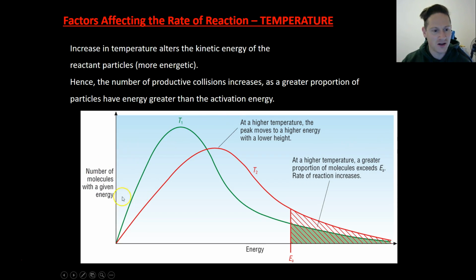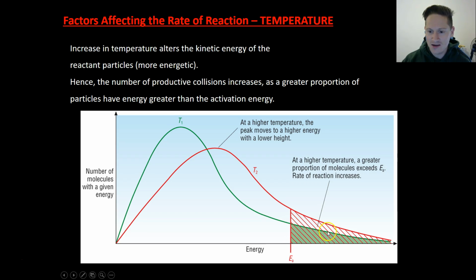This is shown in this graph here. We have the energy on the x-axis, so the further along you go, the more energy the particles have. Up the top of the y-axis, we've got the number of molecules at a given energy. Temperature 1 is basically saying there are more particles that have lower energy. As you increase energy going along here, you hit this line which is called the activation energy, EA.